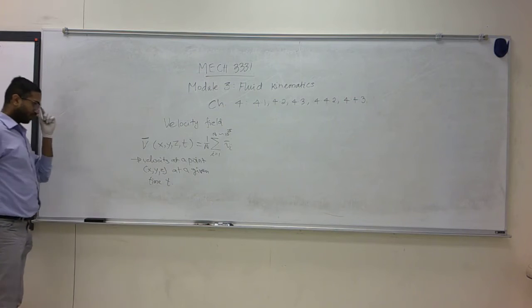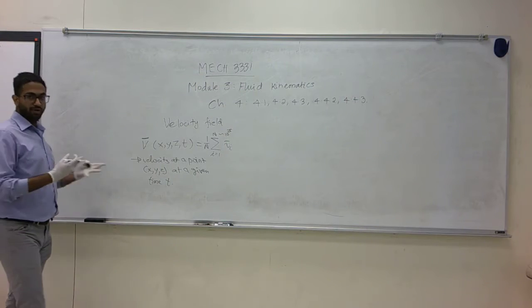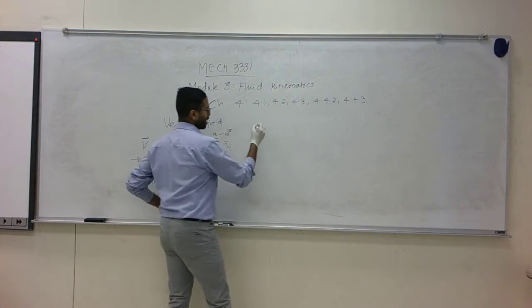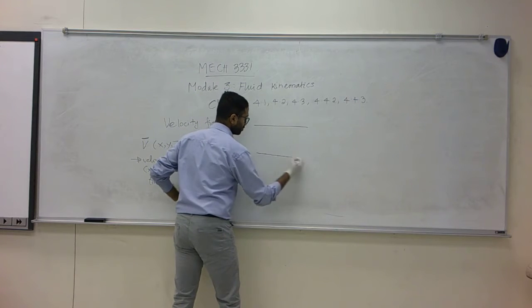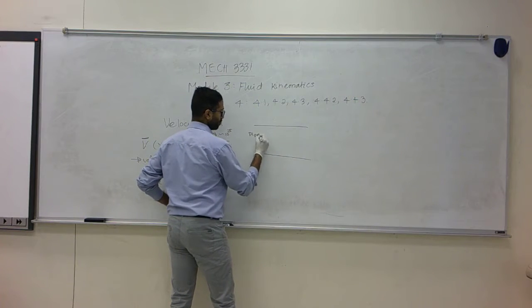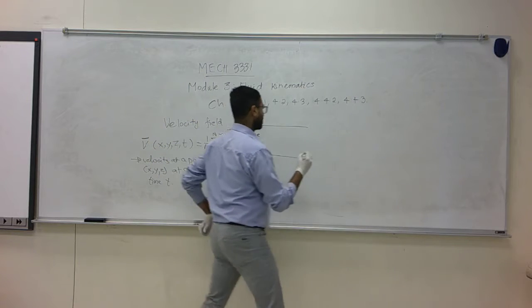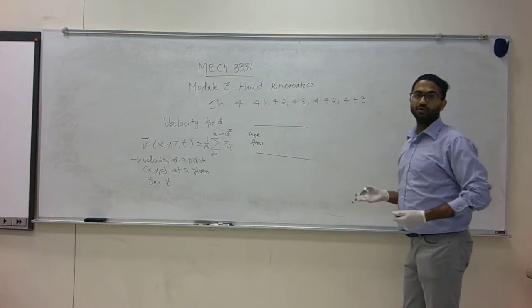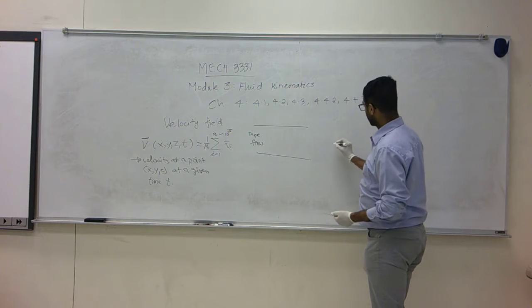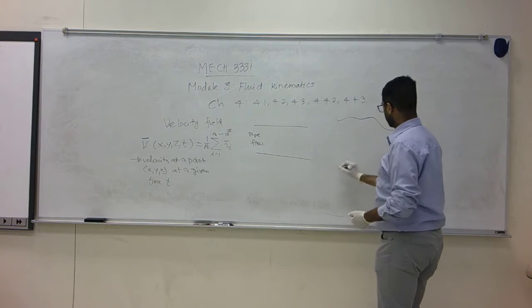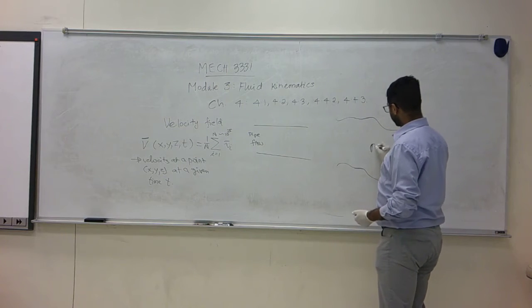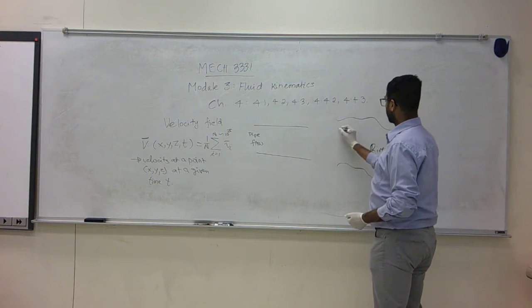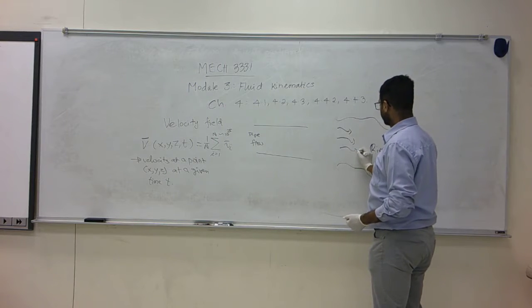at a given time t. If we have, let's say, a pipe flow, or as another example, an open channel flow like the flow of a river. If I draw the top view, let's say this is a river, you have the flow of water along the river.